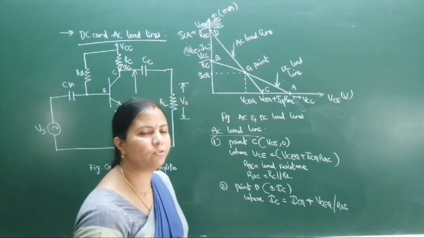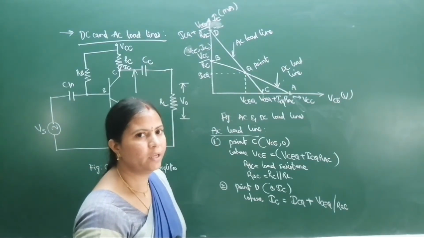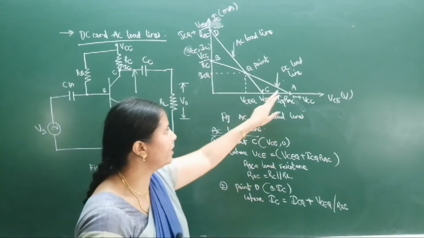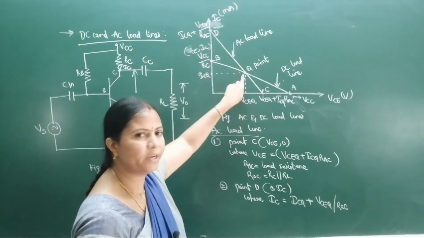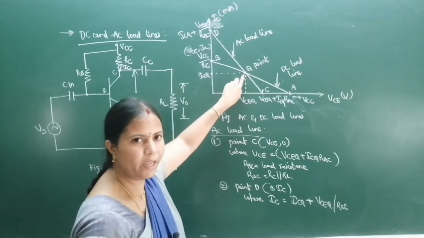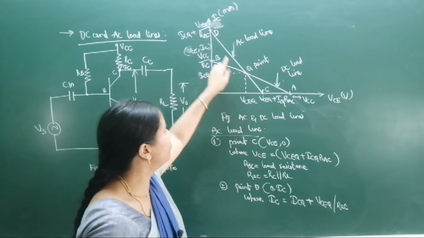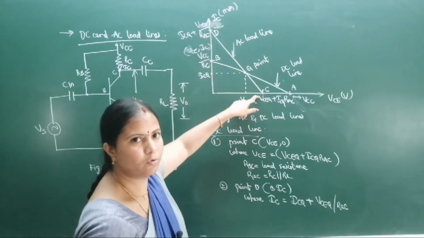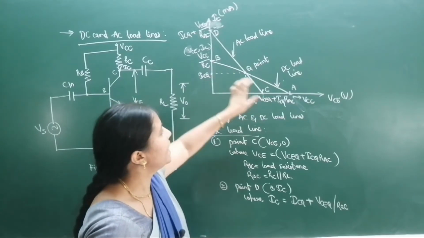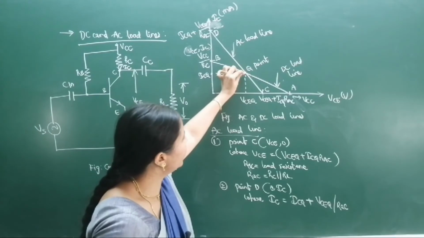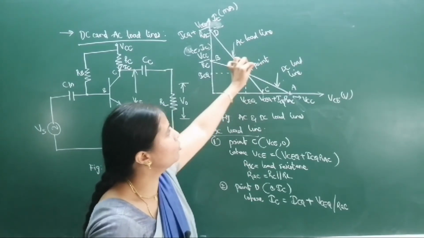The zero signal values of IC and VCE of the transistor are nothing but the operating point. So for this we have to draw another AC load line, that is, the points C and D. Where this AC and DC load line intersect, that point is the Q point.